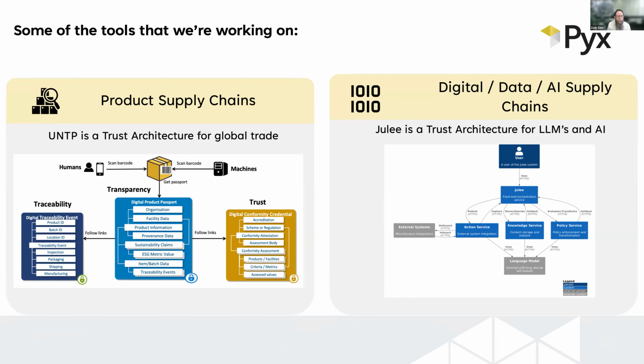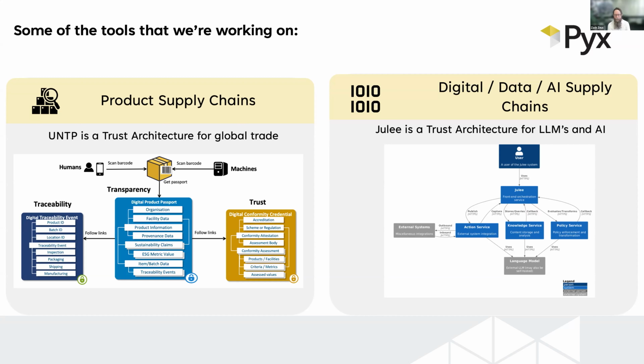Some of the tools we're working on, most folks here, I think, are very familiar with our work on the United Nations Transparency Protocol. We view that as a trust architecture for global trade. But we're also working on a trust architecture for digital data and AI supply chains. The key idea we're seeing here is that information flows are also a supply chain.